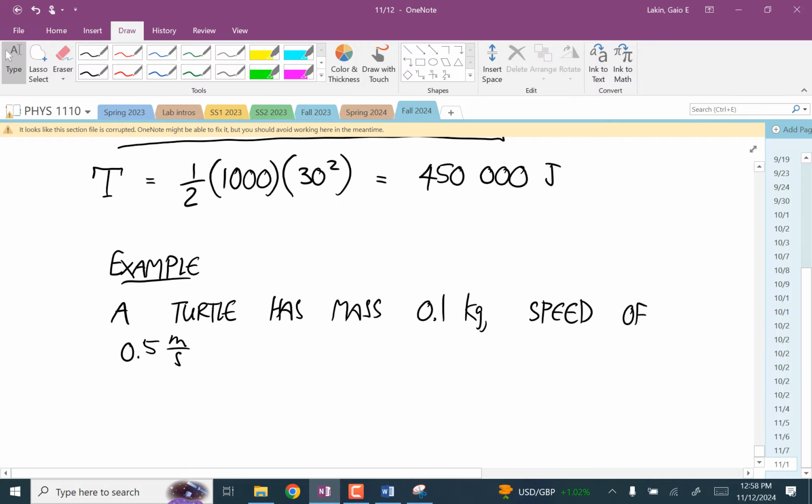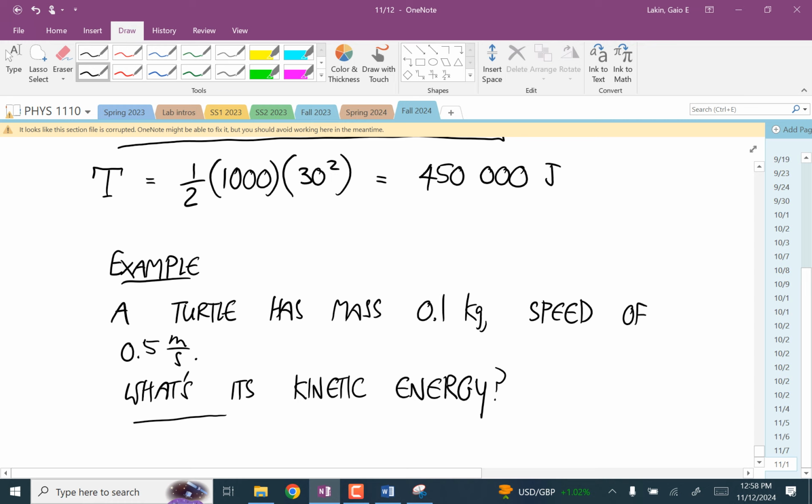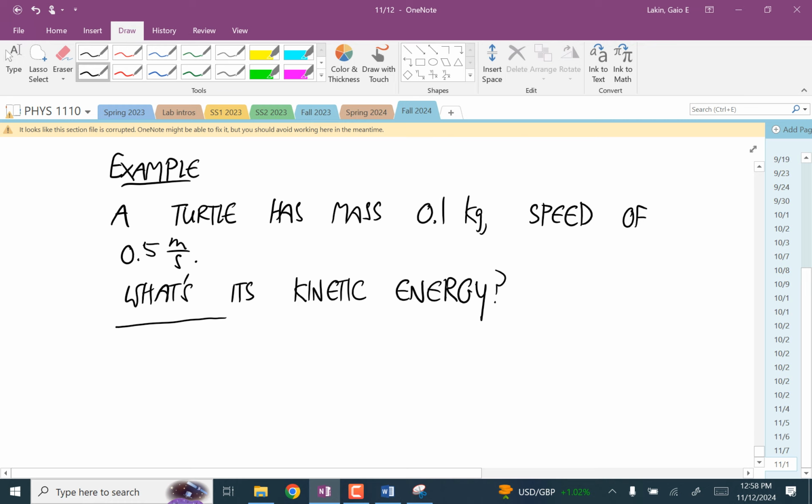And we want to calculate its kinetic energy. So kinetic energy is equal to 1/2 times the mass times the speed squared.